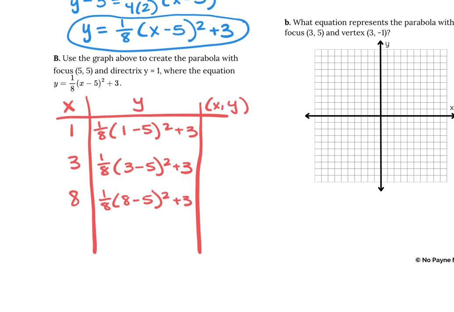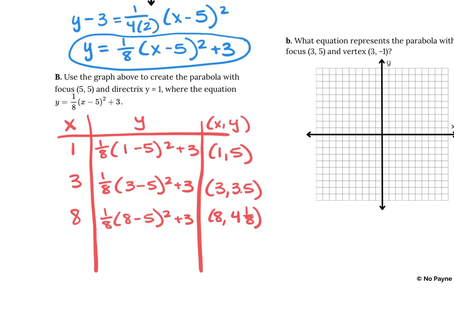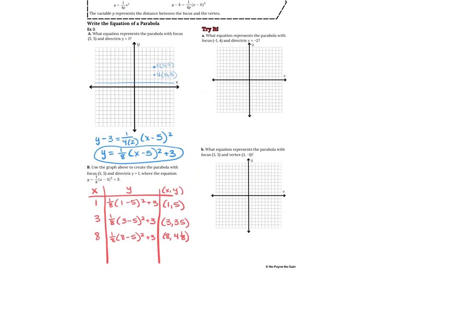All right, when x is 1, I will end up with 5 for my y. When x is 3, I will end up with 3.5 for my y. When x is 8, I will end up with 4 and 1/8. Okay, so now I'm going to come above and I'm going to graph those.